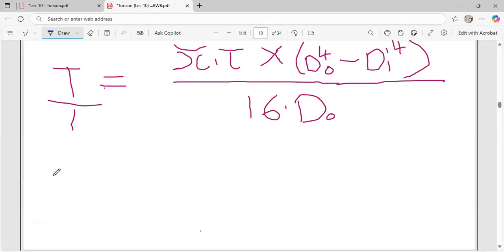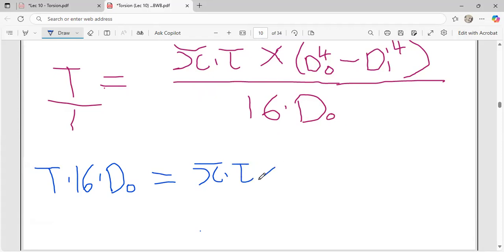d subscript O. So that is going to be tau times 16 times our d subscript O, which is equal to pi over, pi multiplying tau times our d subscript O exponent 4 minus the inner diameter, minus the outer diameter minus the inner diameter.